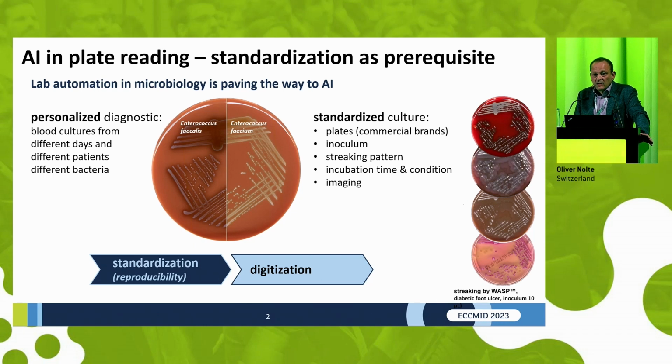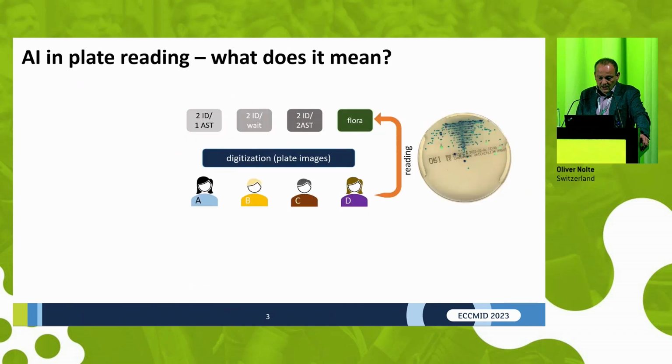So this is pretty well standardized, but what about reading and interpretation of the results? This is where AI comes to the stage. Let's assume we have a plate image of a urine, like this one you can see here. If we give this to different technicians, to different analysts with different degrees of education, we might end up with different interpretations of the result, from putting everything as clinically relevant to flora.